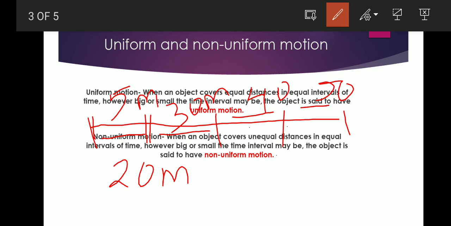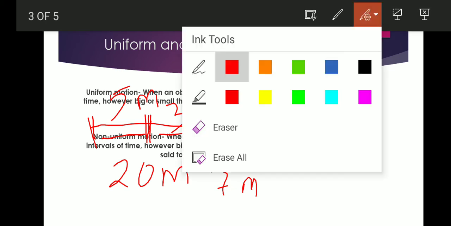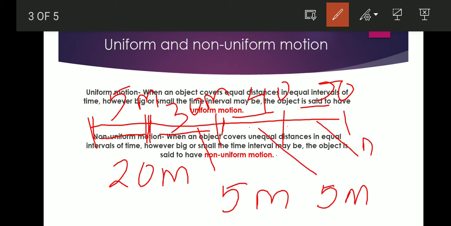Okay, here 5 minutes, and to reach from here to there this much length is 30 meter, he takes 7 minutes. Sorry, here also 5 minutes since this is unequal, non-uniform motion. Here also 5 minutes. 40 meter also 5 minutes. 50 meter also 5 minutes.